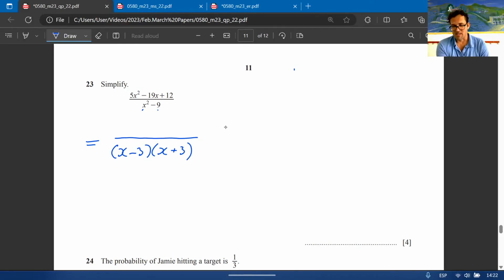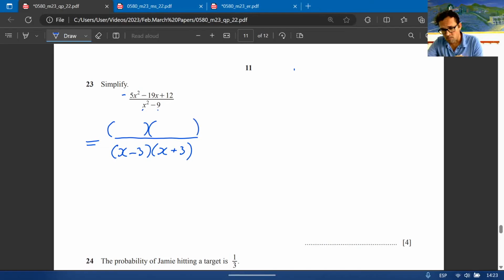Okay, so that's easy. Now the secret is almost always we'll have a bracket at the top and a bracket at the bottom that can cancel out. That's what they're always going for. So I promise you, above the line, there'll be either x minus 3 or x plus 3. So we already got one bracket at the top. This is a little bit of a harder quadratic equation to factorize.